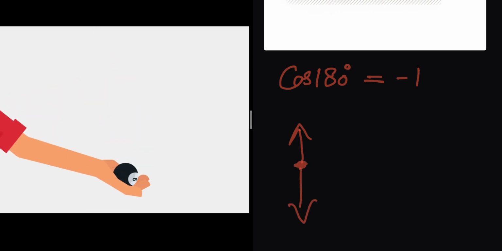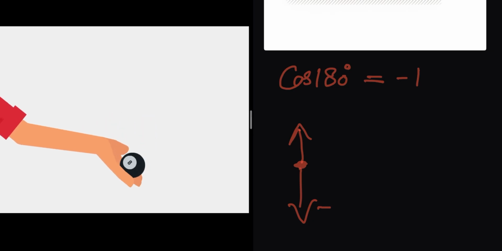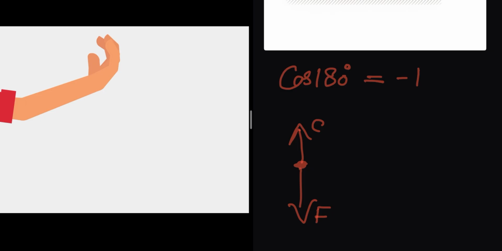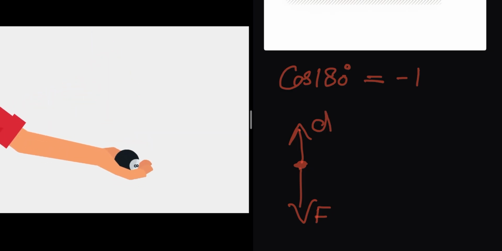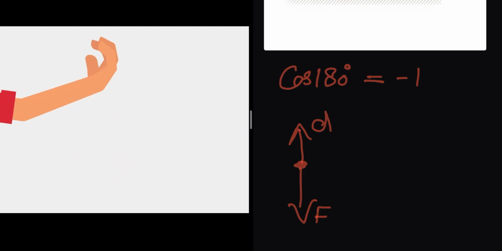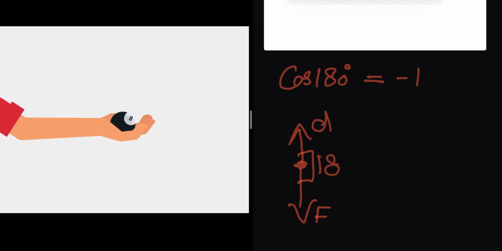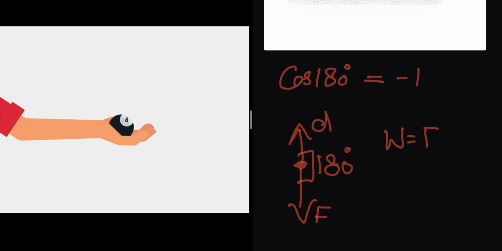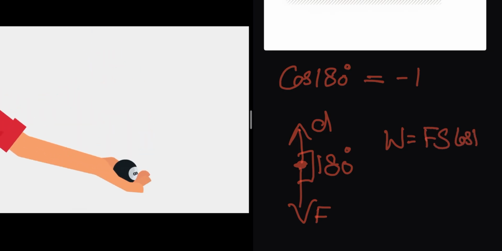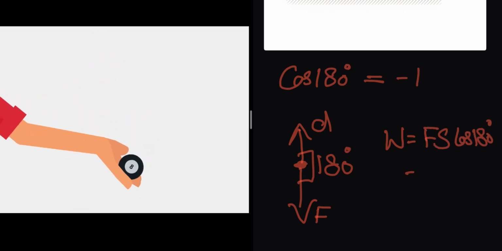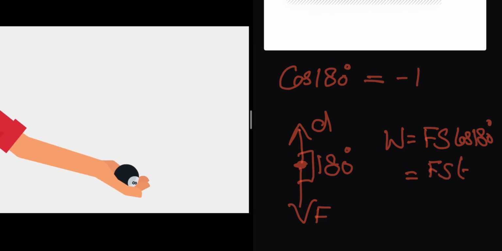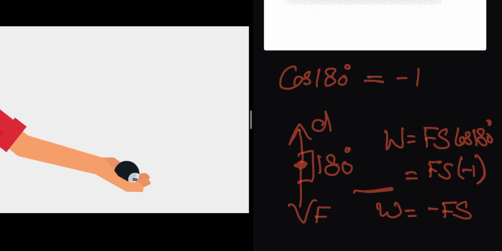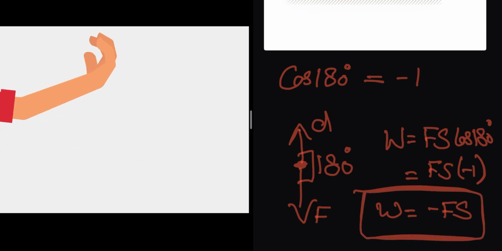Always downward. Object is moving, displacement in which direction? Upward. The angle between F and d is what? It is 180 degrees. Now the expression of work done will be F s cos 180, and cos 180 is nothing but minus 1. So work done will be what? Negative. So this is the case when work done is negative.